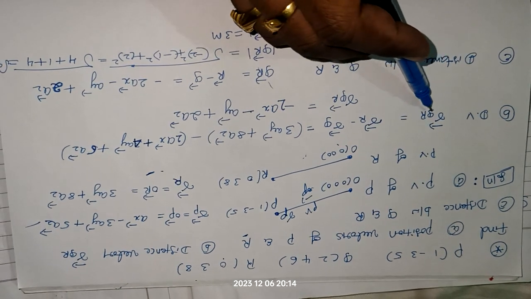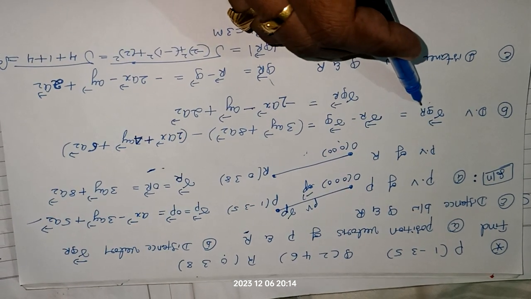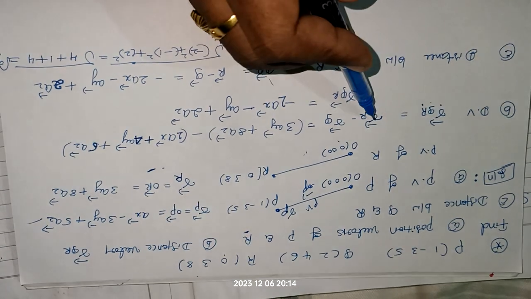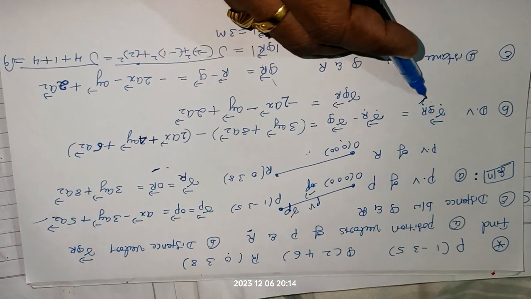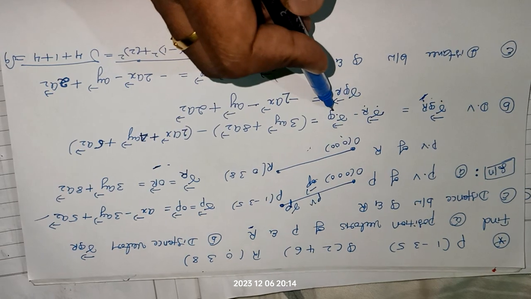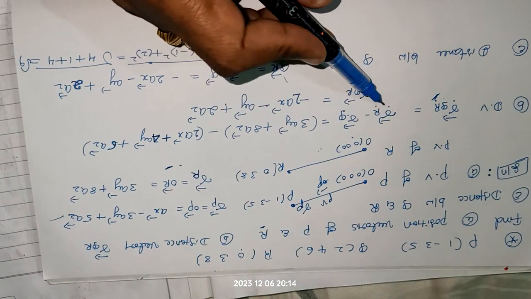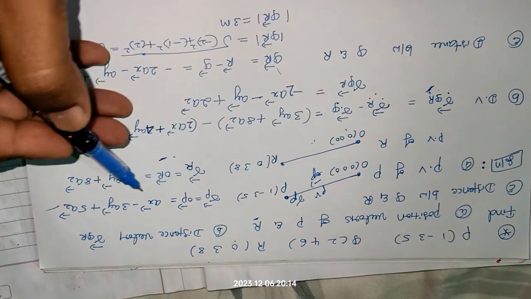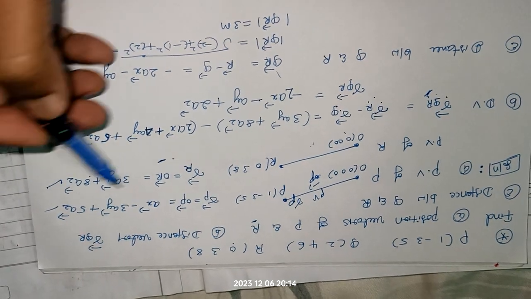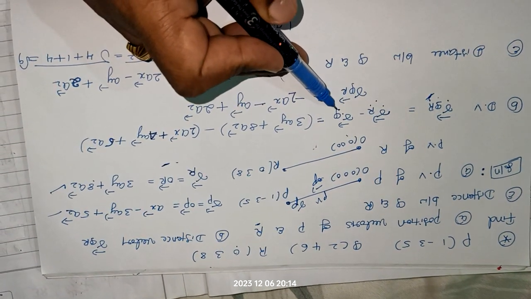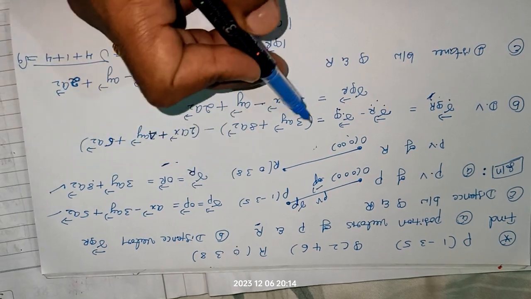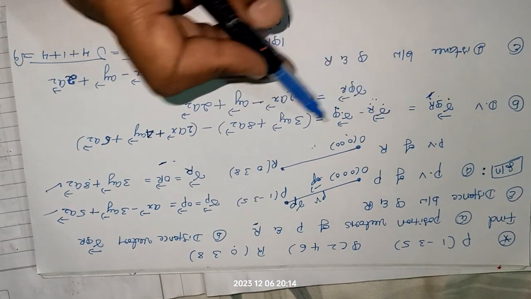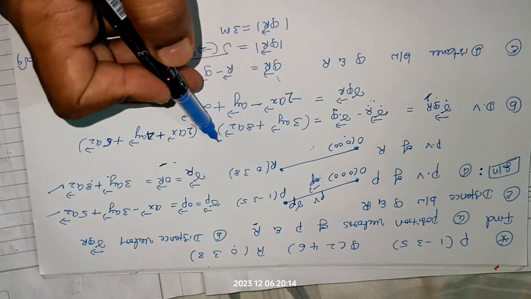They asked you to find the distance vector RQR. Here the ending vector is RR, and the starting vector is RQ. RR is the position vector with respect to R that you already found. The position vector with respect to Q you didn't find, so you should calculate RQ. RR I will keep as it is.